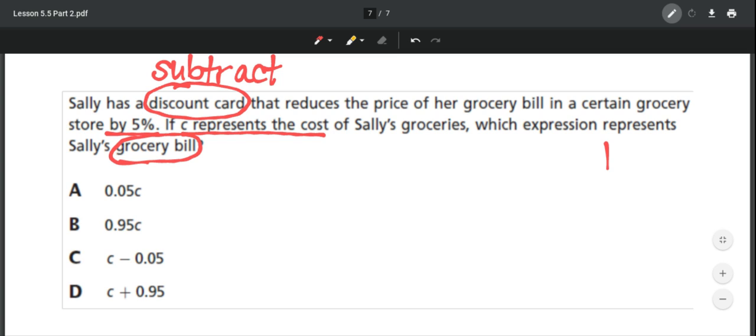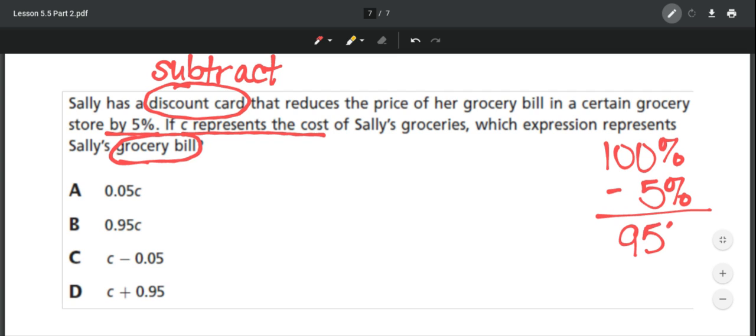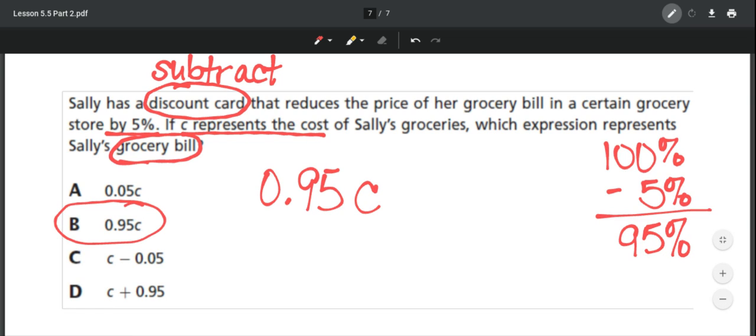So again, if we have the total amount represented by 100% and subtract that 5% discount, the cost of her bill will be 95% of the total cost of her groceries. So 95% as a decimal is 0.95 times C, which is the cost of Sally's groceries, and that will give us answer choice B, which is the cost of Sally's grocery bill.